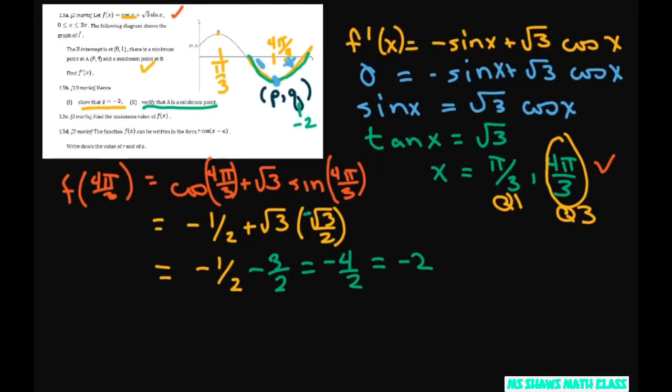We know this is 4 pi divided by 3, so I'm going to use pi and 2 pi because this is where we're at in between here. If I plug in pi, I can see if this is negative and this is positive. So I'm going to take our derivative, f prime of pi, and plug that in.